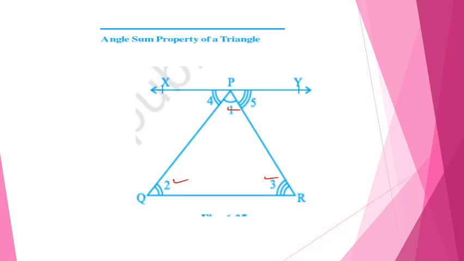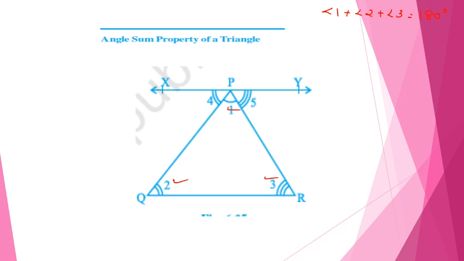What do you have to show? Angle 1 plus angle 2 plus angle 3 is 180 degrees.